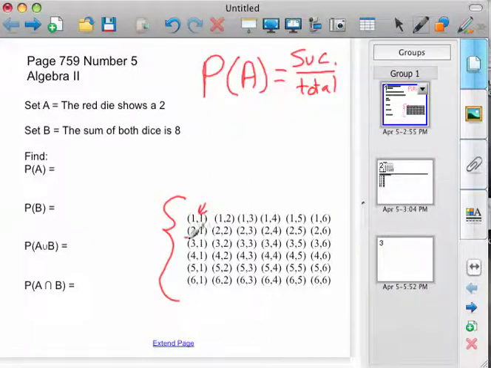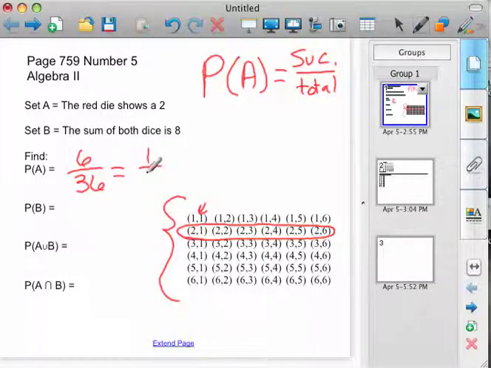Well, this whole row, which there's 6 of them, would represent, if your first dice was your red one, red dice showing a 2. If you count them, there's 6 of them there. And if you count all of the possibilities, there's 36 total. And you can reduce that to 1/6. So the probability that the red dice shows a 2 is 1/6 of the time. Okay? So that's that part.